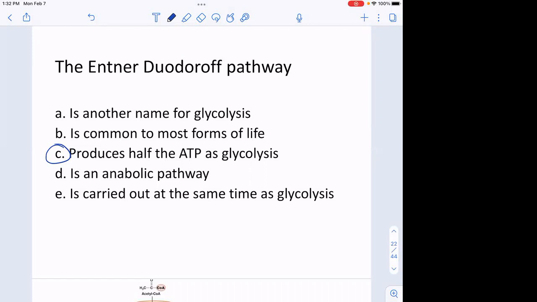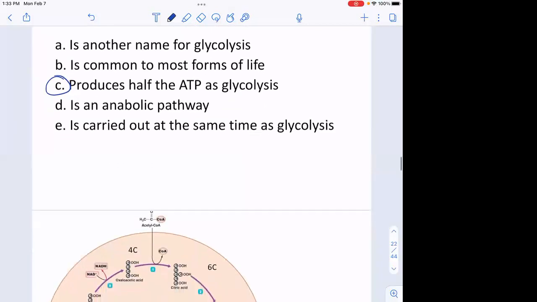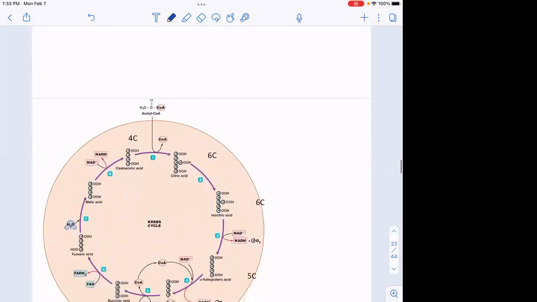It's not going to do them both at the same time. It will do the pentose phosphate pathway at the same time as either of them. Okay, questions as we move on through respiration.